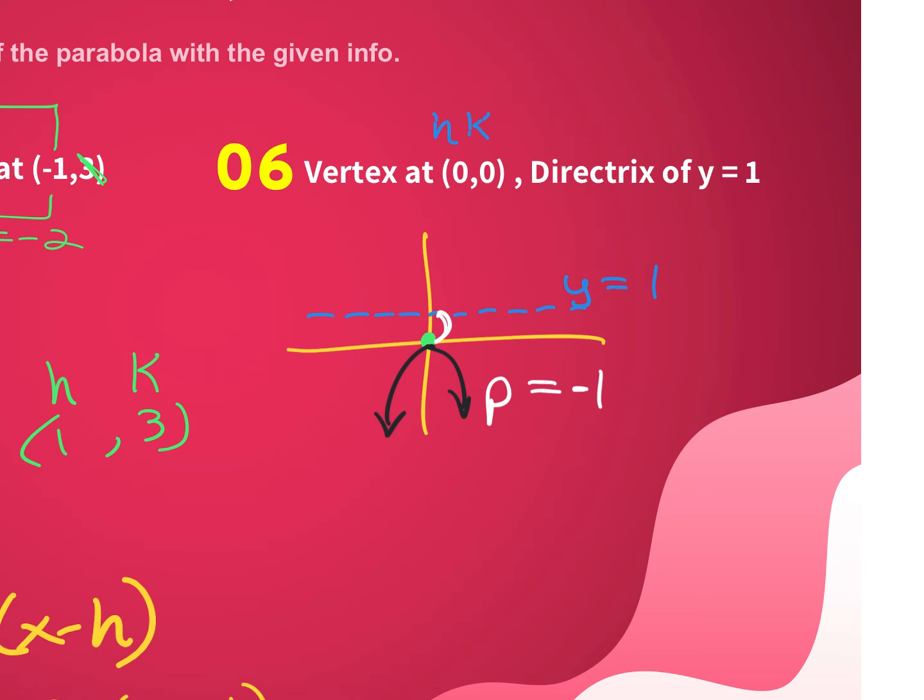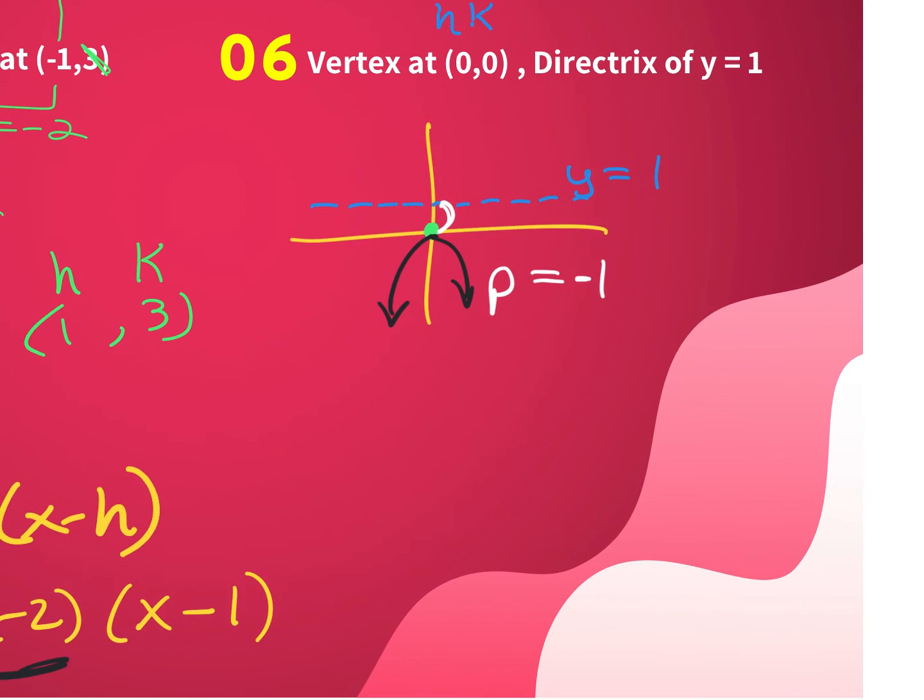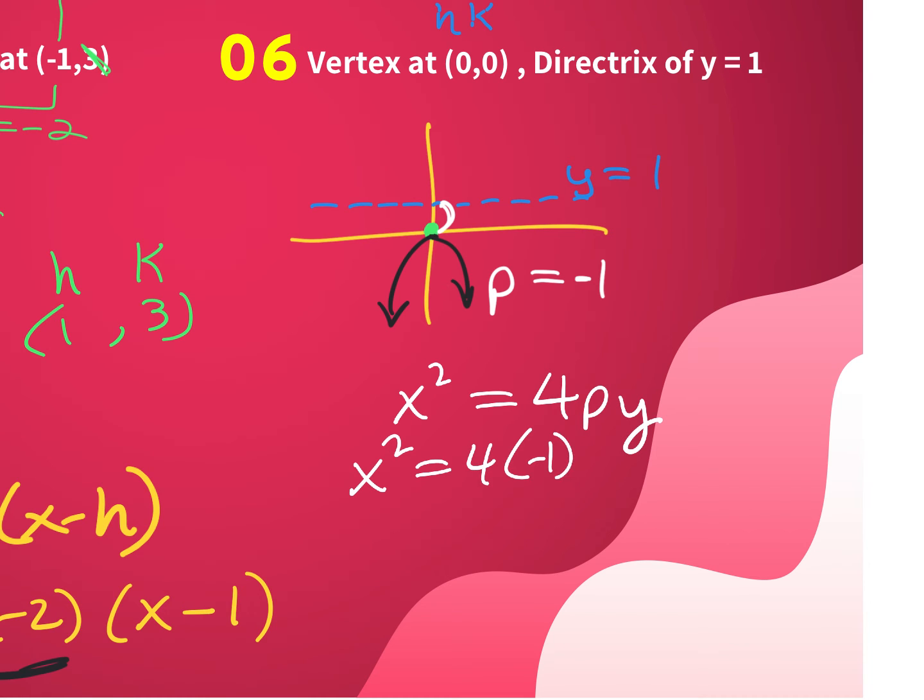So because it's facing down, my p-value is -1. So let's plug it in now. So I have x squared equals 4py, x squared equals 4 times -1 times y, x squared equals -4y.